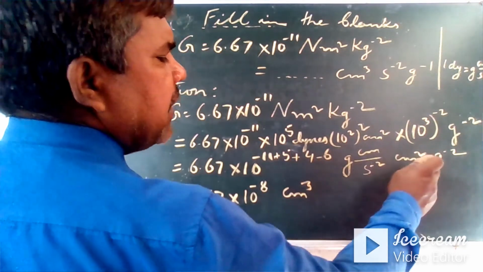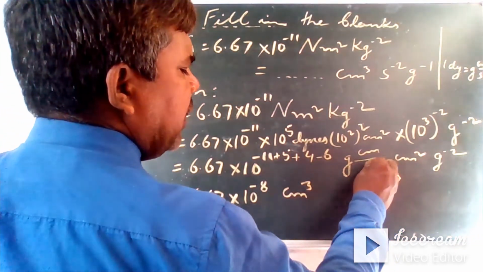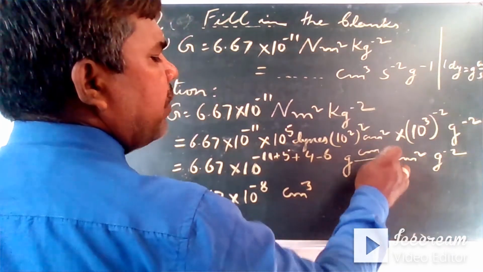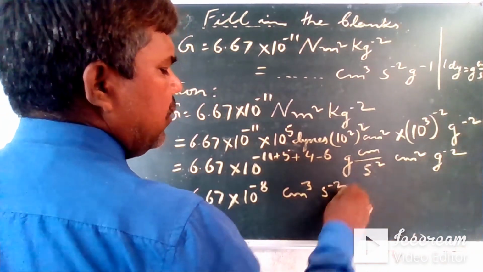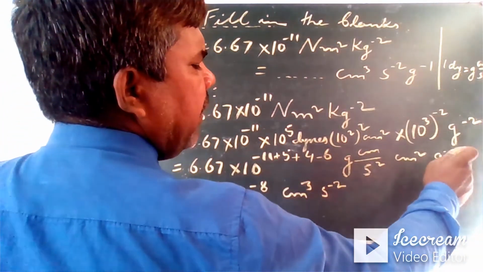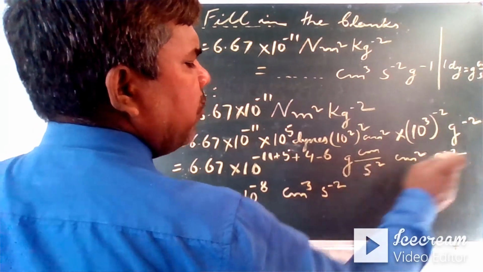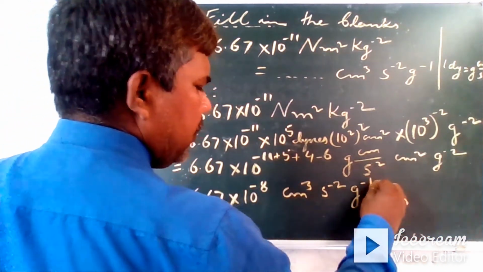Then per second square also comes here; the second square moves to the numerator as per second square. And gram per gram square, minus 2 power and plus 1 power, minus 2 plus 1 becomes minus 1, so it is per gram.